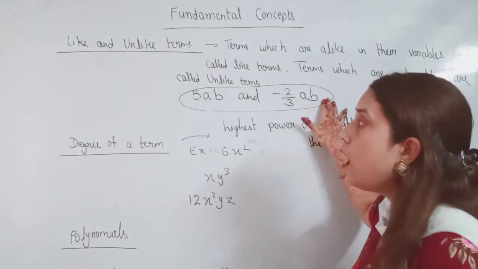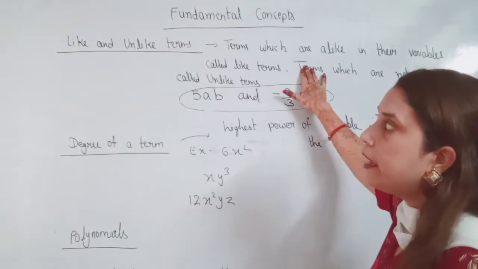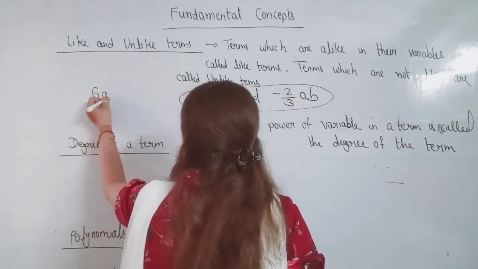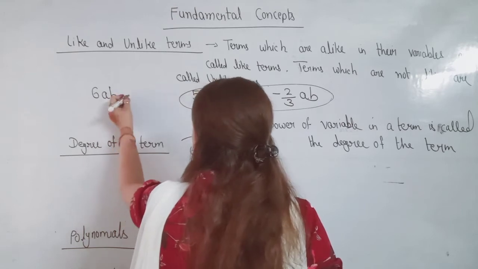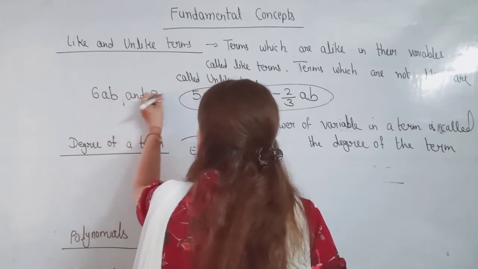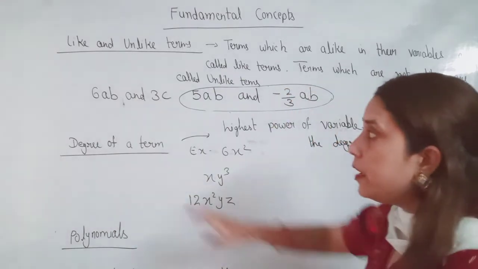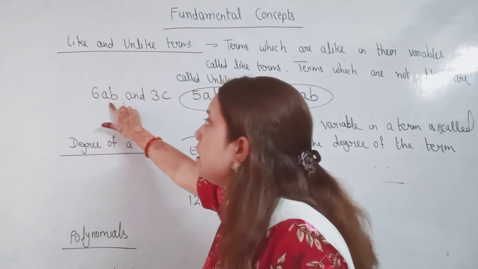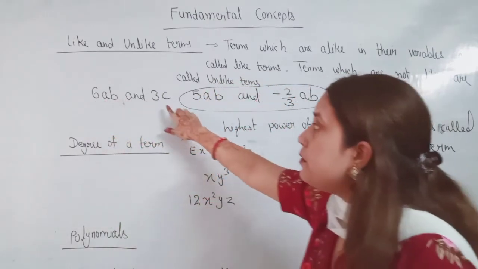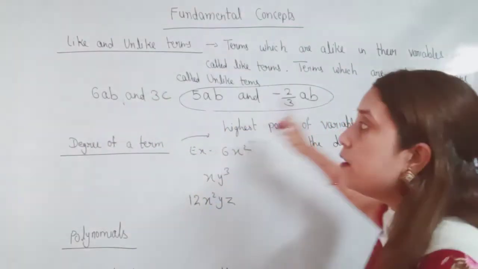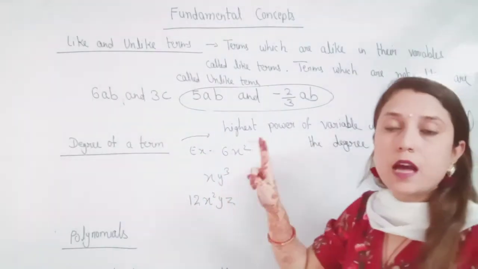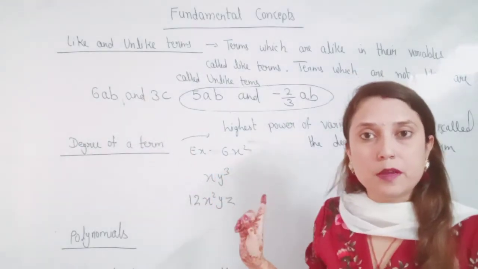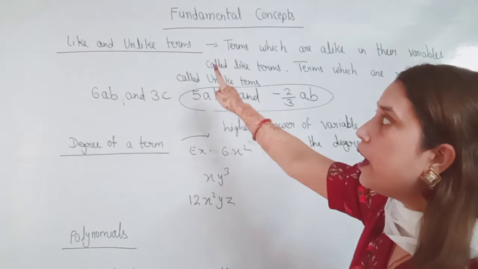Both variables are the same, so these are like terms. Unlike terms: suppose we are having 6ab and 3c. So in both terms the variables are different. In the first term the variable is ab and in the second term the variable is c. So if in both terms the variables are the same, that is called like terms, and if the variables are different, that is called unlike terms.